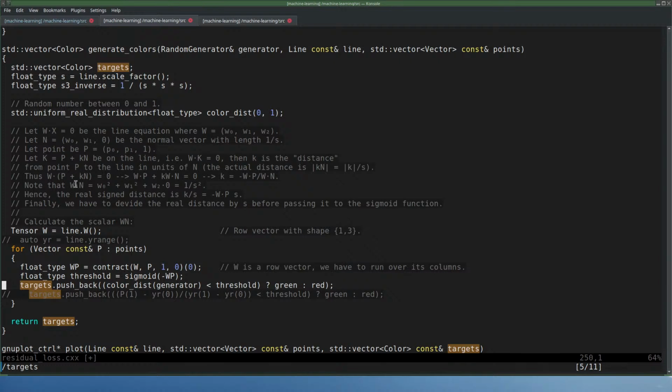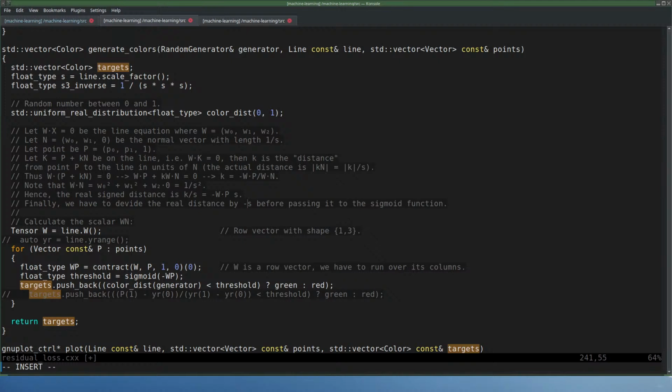That's why I'm missing a minus sign here. I'm gonna add a minus sign and then add a comment to explain why.